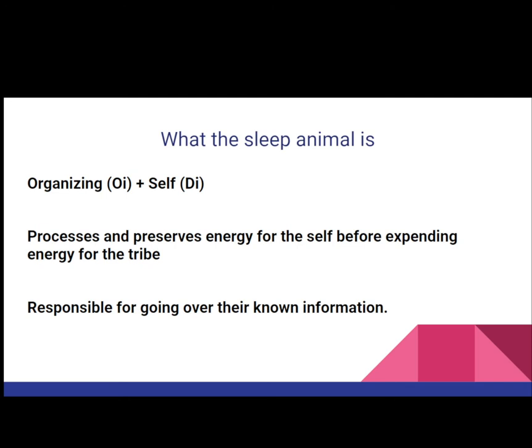The sleep animal is responsible for processing and preserving energy for themselves before expending energy for the tribe, and for going over their known information. It is an introverted animal because it's the two introverted functions working together.